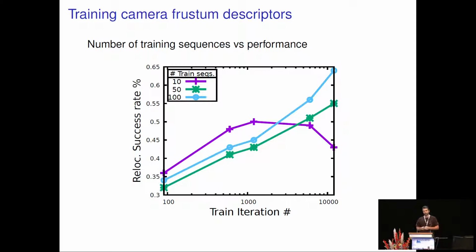But when we add more sequences, then everything's okay. So this is important because, as we said before, most works in this area test with the 7 scenes dataset, which only contains 7 scenes. So this shows that we need more scenes to do accurate training for such large-scale methods.